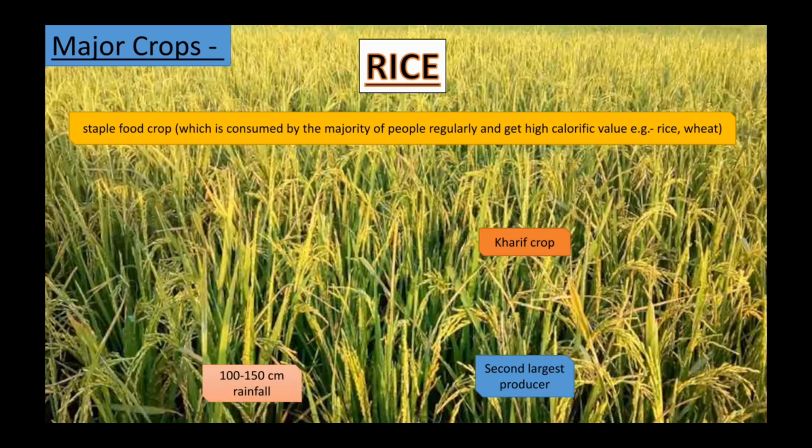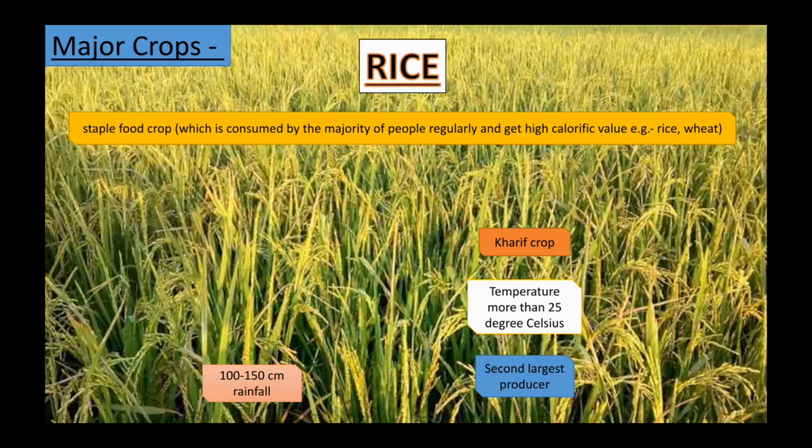Rice is not grown in all parts of the country because of variations in climatic conditions, soil textures, and many more that you know already. My dear students, rice requires annual rainfall of about 100 to 150 centimeters for its proper growth.